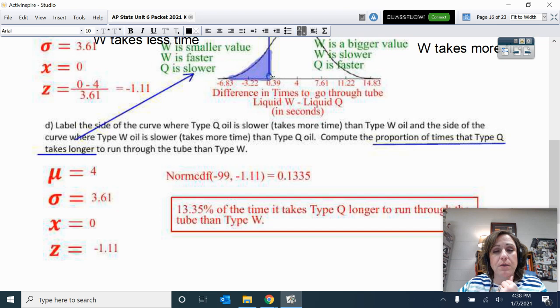It's negative 1.11. And then I norm CDF from negative infinity up to that negative 1.11. Now, if you did the other thing, you got a positive 1.11 as your z-score, and you did from 1.11 up to infinity. Okay? So there we go. 13.35% of the time, it will take Q longer to run through the tube than W.